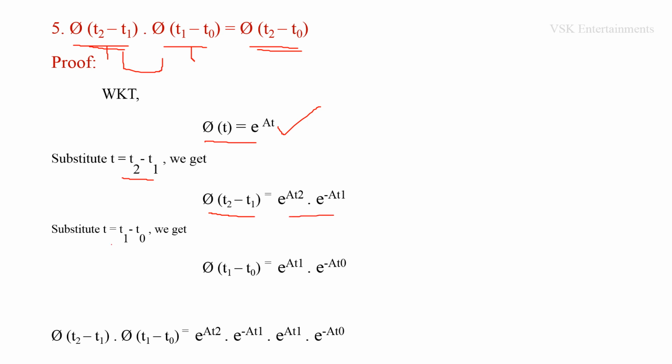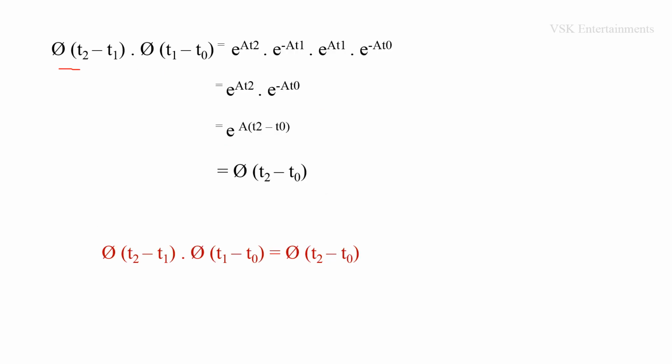Similarly, substitute t = t1 − t0, and we get Φ(t1 − t0) = e^(At1) into e^(−At0). Now consider Φ(t2 − t1) into Φ(t1 − t0): e^(At2) into e^(−At1), e^(At1) into e^(−At0). The e^(−At1) and e^(+At1) terms get cancelled. Then we get e^(At2) into e^(−At0).